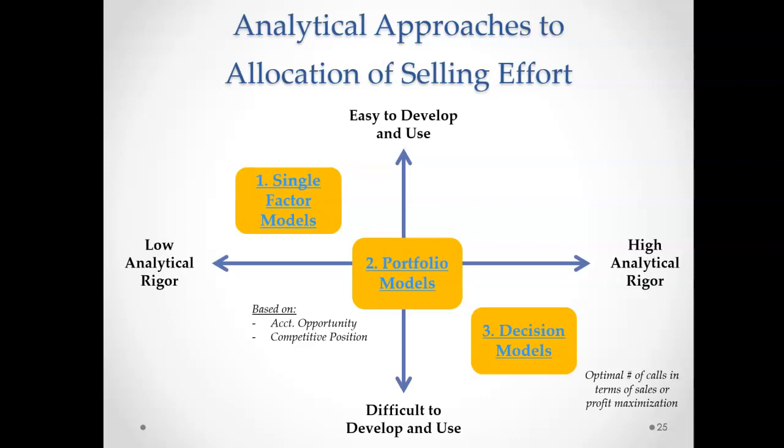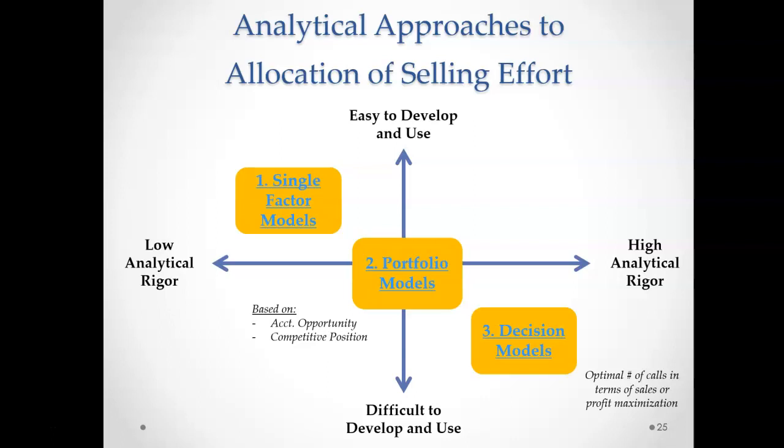Single factor models, as you might guess, are based on a single factor. You choose one factor and you determine how your selling effort is going to be allocated. The good thing about this is it's very easy to develop and use. The bad thing is you are ignoring a lot of other factors, so the analytical rigor is very low.